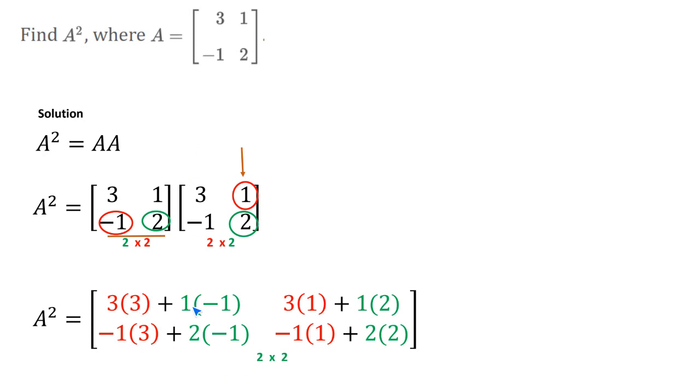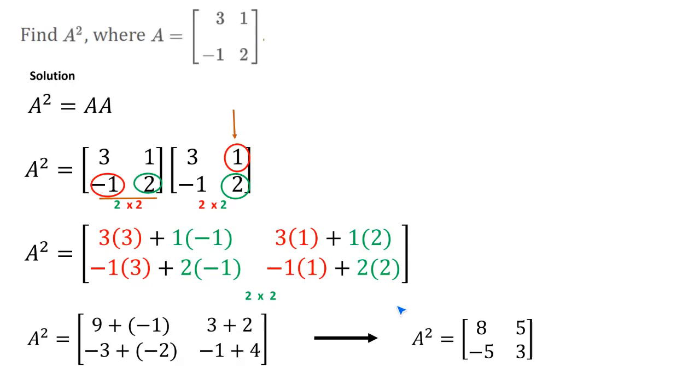So now we're going to simplify this stuff. 3 times 3 is 9. 1 times -1 is -1. 9 plus -1 gives me an 8. Okay. And then 3 times 1 is 3. 1 times 2 is 2. 3 plus 2 is 5. -1 times 3 is -3. 2 times -1 is -2. Plus -3 is -5.